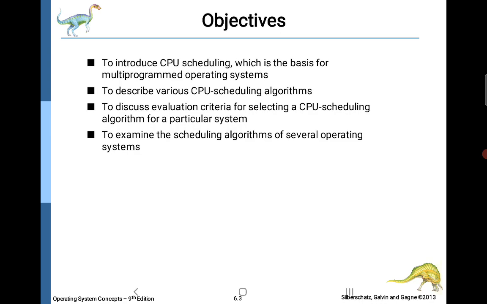It is to introduce the main concepts of CPU scheduling and the basics that we need to address to allow multi-programmed operating systems, and to describe various scheduling algorithms.